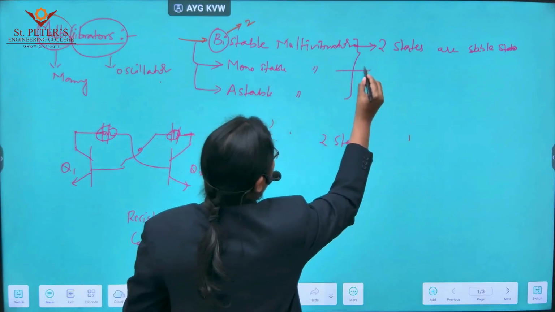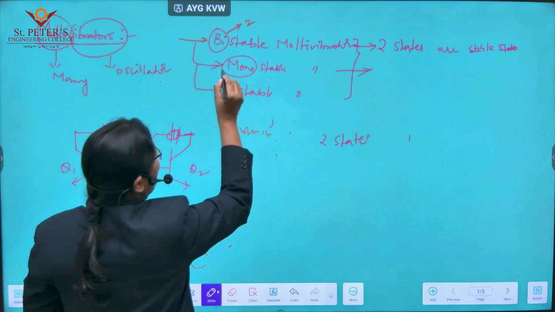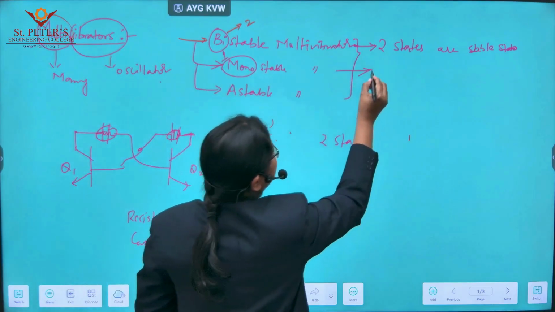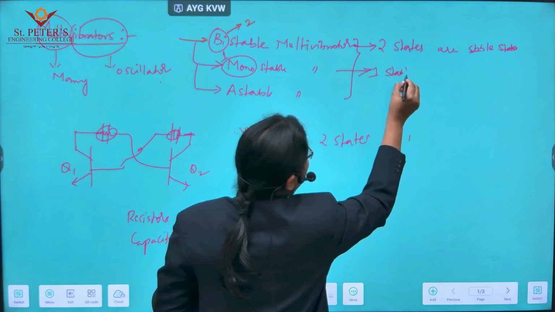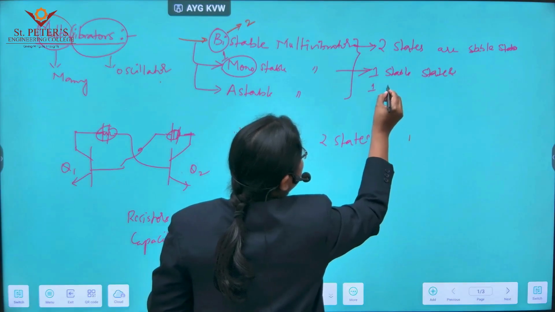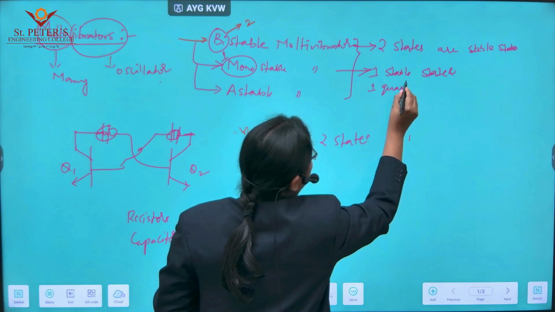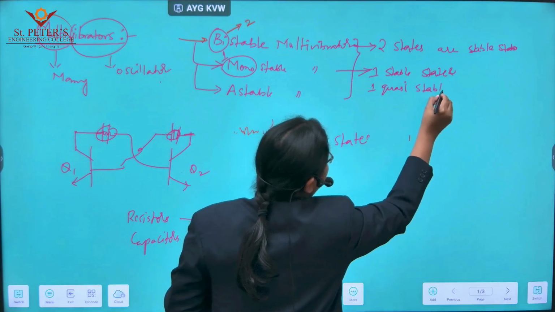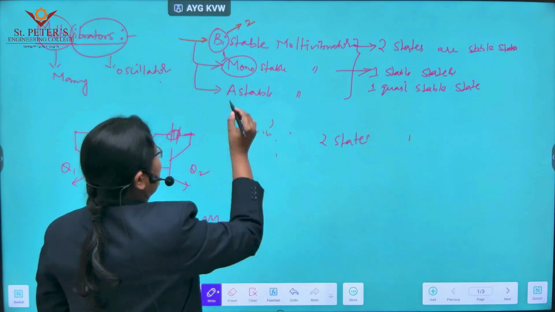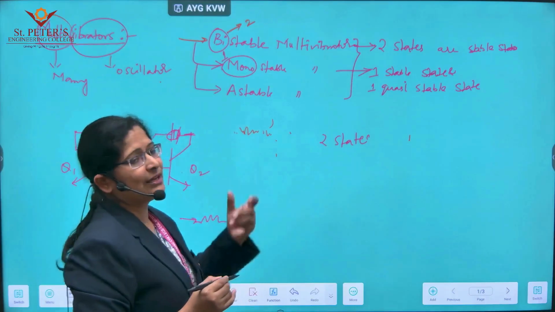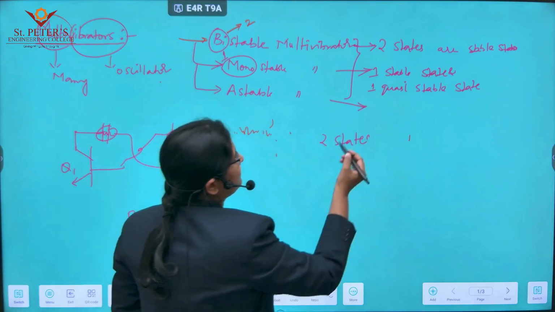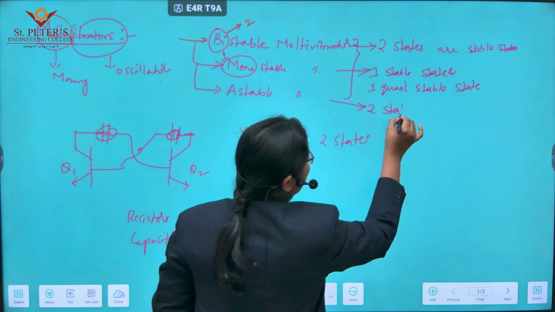In monostable multivibrator, as the term mono means one, one is a stable state and the other is a quasi-stable state. Coming to astable multivibrator, it also has two states. In astable multivibrator, the two states are quasi-stable states only.